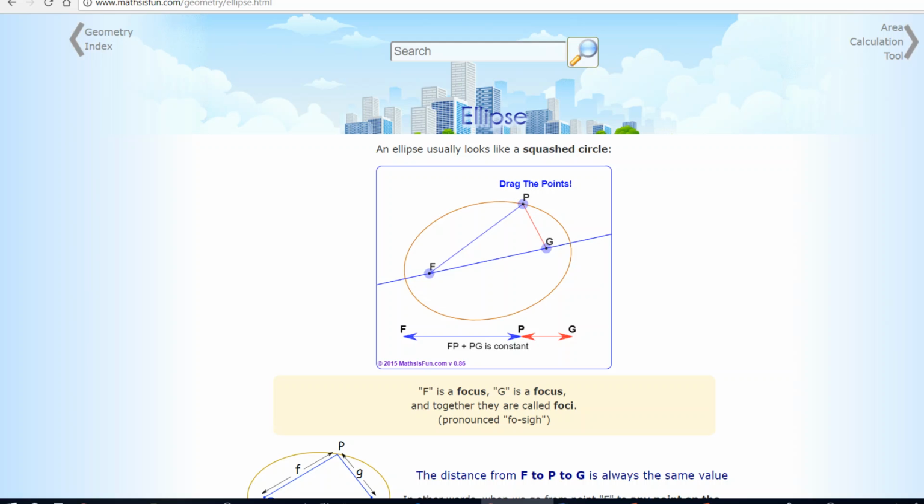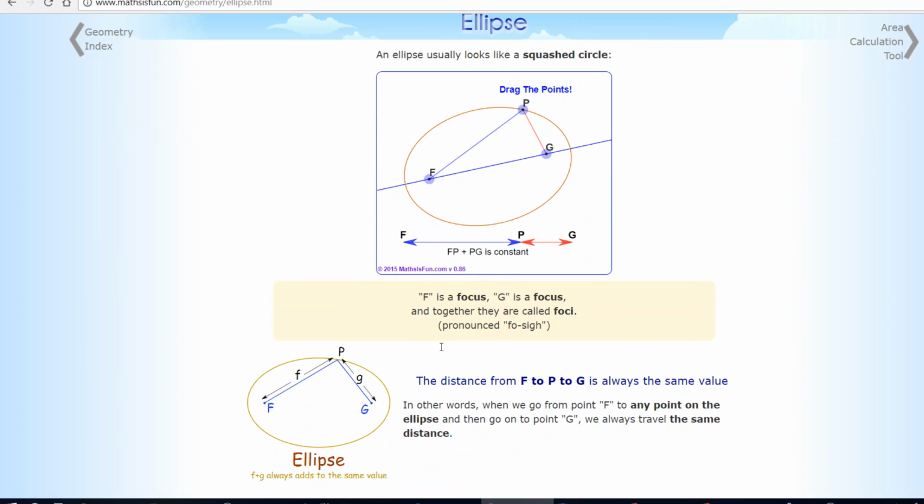What's interesting about these two points is that the distance from F to P and from P to G, when we add those two lines up, we get the same distance every single time.